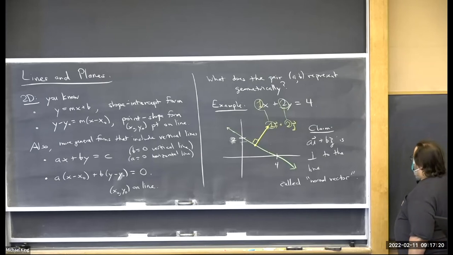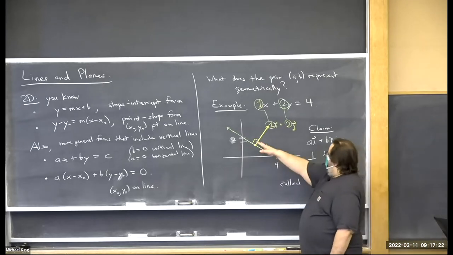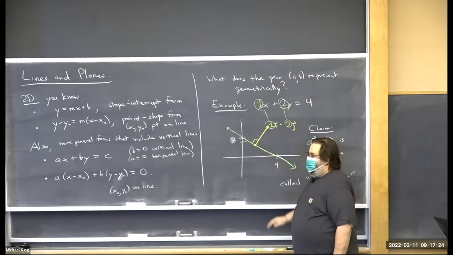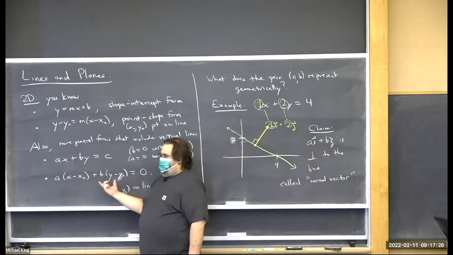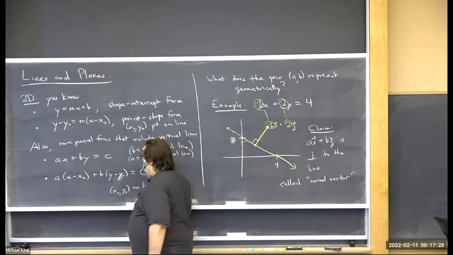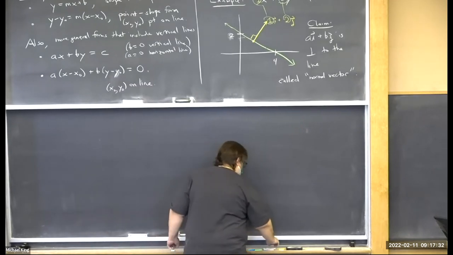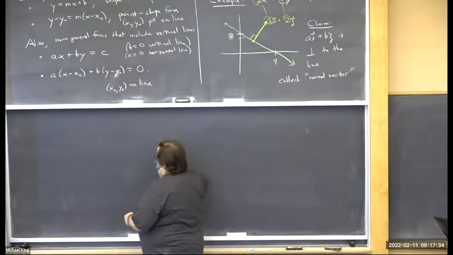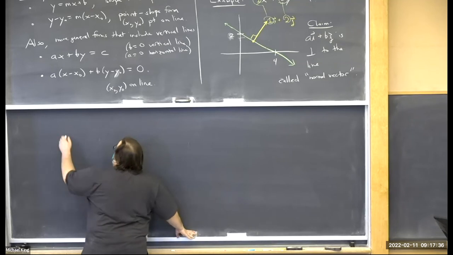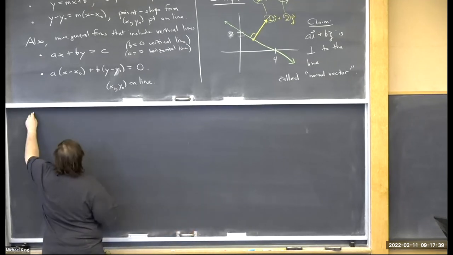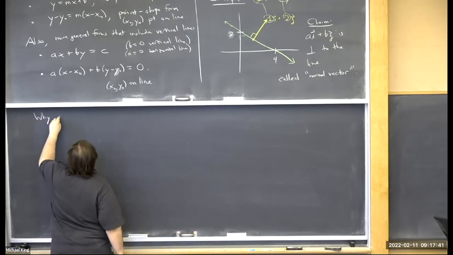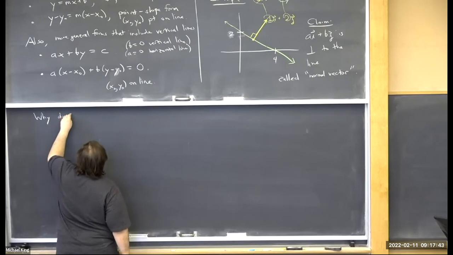Why is that happening in general? I'm claiming this is true in general. It works in this example, certainly. I think if you look at this form, you can see why it works in general. Why does this work in general?